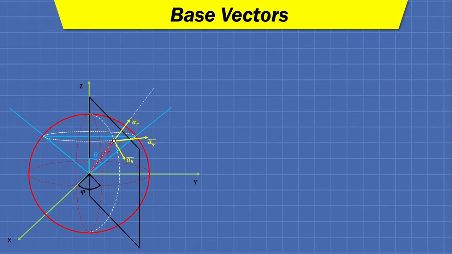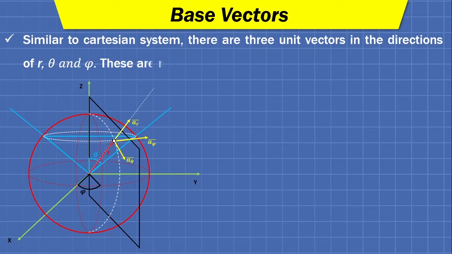Now base vectors. Similar to the Cartesian system, there are three unit vectors in the direction of r, theta and phi, and these are mutually perpendicular to each other. Now let us understand how these three are mutually perpendicular. As you can see, the direction of a r is in the direction of the radius. And these two directions, a theta and a phi, are both tangent at point P, here our point P(r, theta, phi).